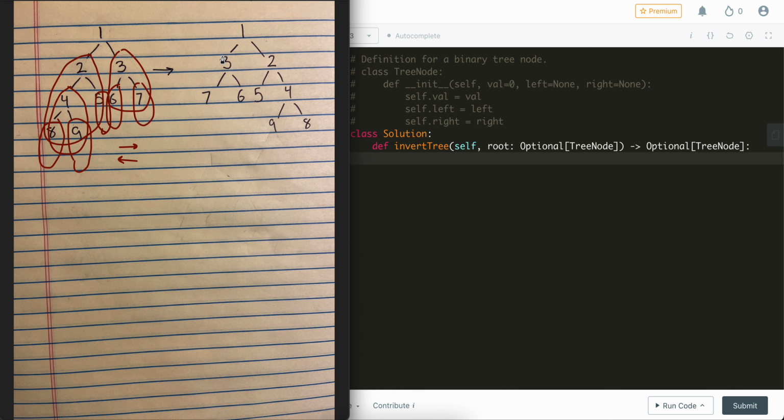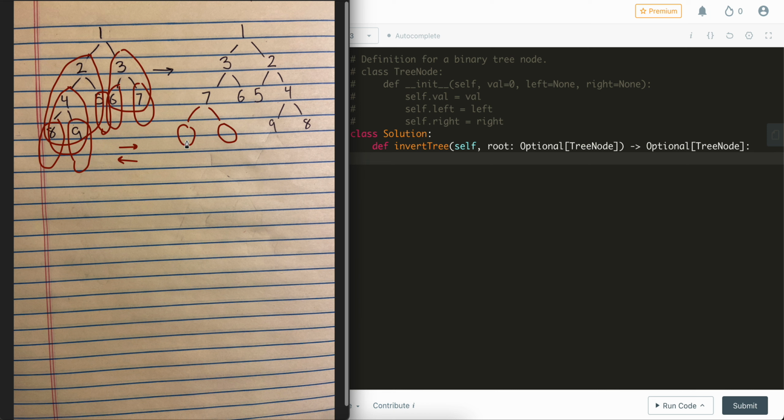There is one case that I would consider: what happens if we're at the 7 and we want to swap the 7's subtrees. Let's say 7 has no trees here, and so we want to swap null with null, or if you're working with Python, it's None. That would be totally fine, right? It would be totally fine to say, well, the left tree was already None, so swapping it with None is okay.